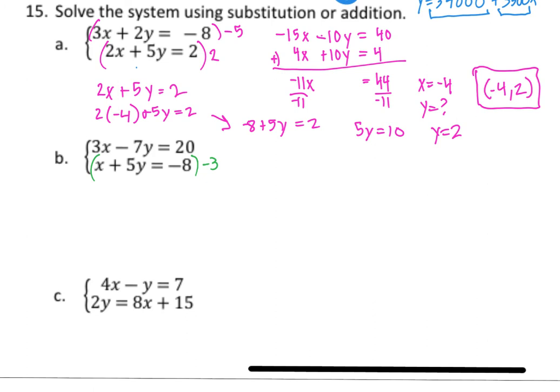So let's take a look here. Then we end up with 3x minus 7y equals 20. We did not change that equation at all. And then we're going to distribute that negative 3 through, so it's negative 3x minus 15y equals 24.